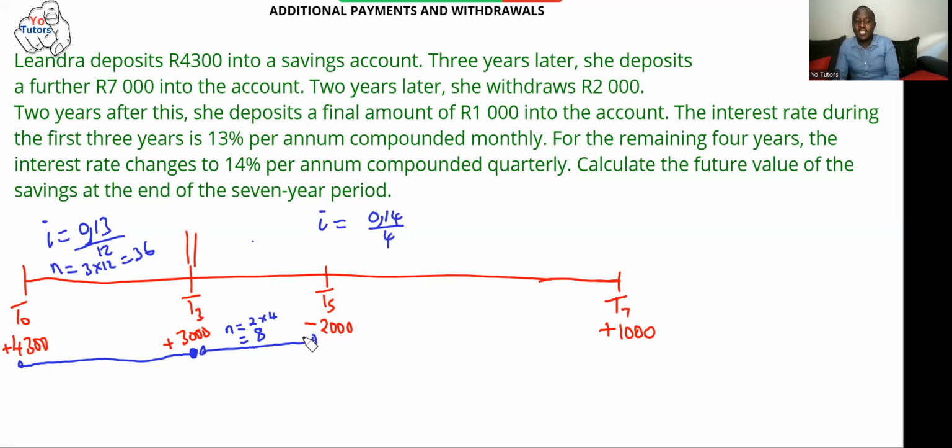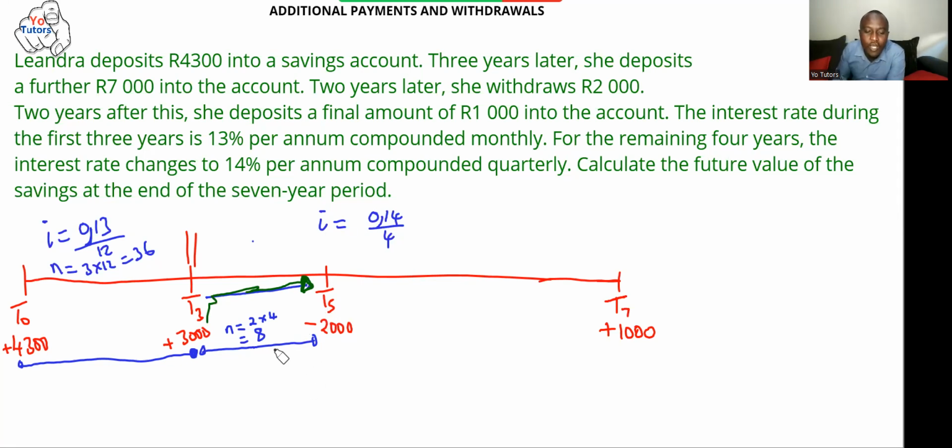Now, this 3,000 also needs to grow for 2 years again. This is for the 3,000. It also needs to grow. Then you add the totals for the 3,000 and 4,300. You add them, then subtract the 2,000.